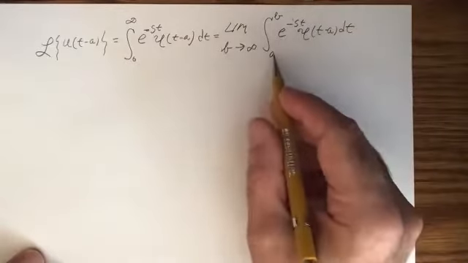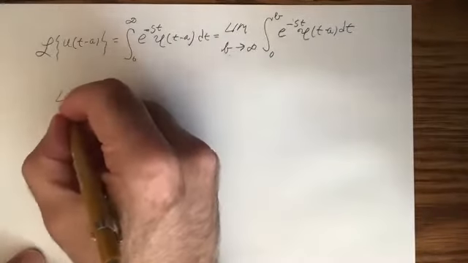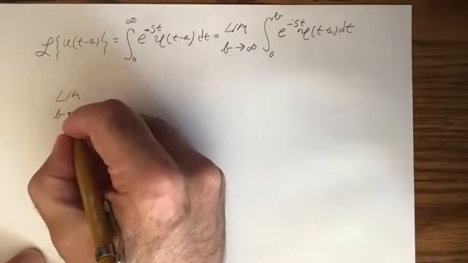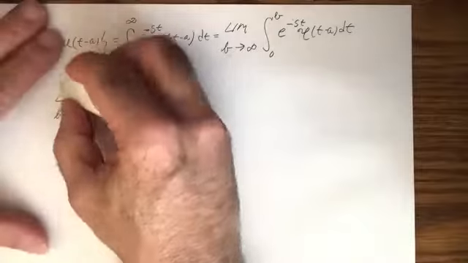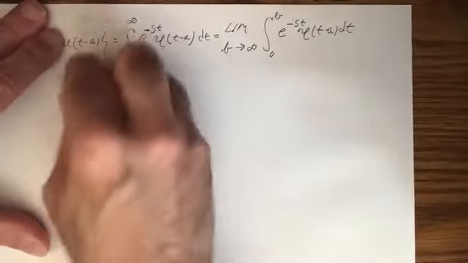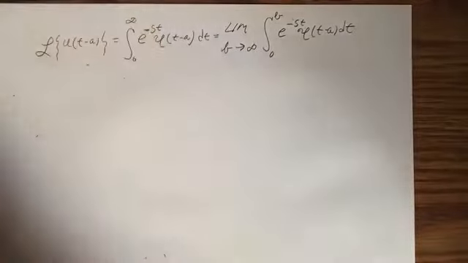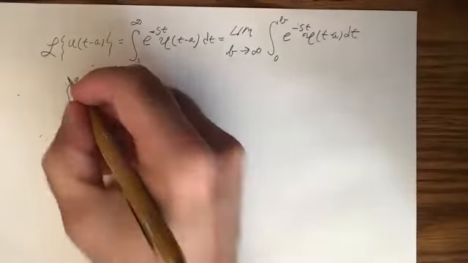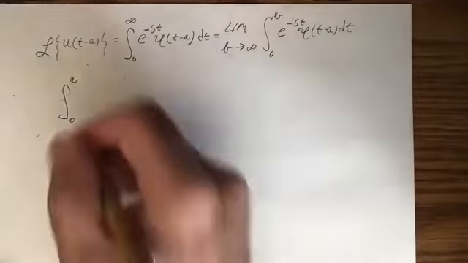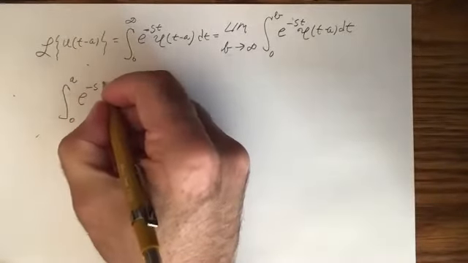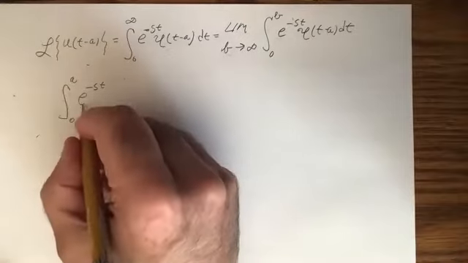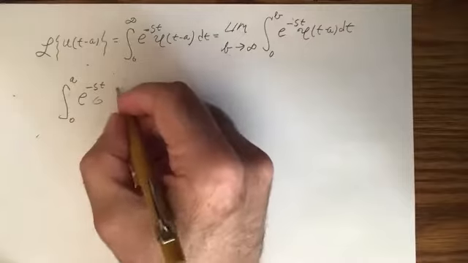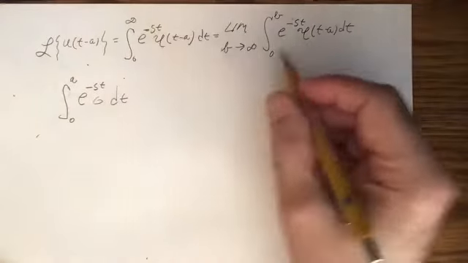Well, I was skipping a step. Let me do it like this. I'm going to break it up into 0 to a and a to b.